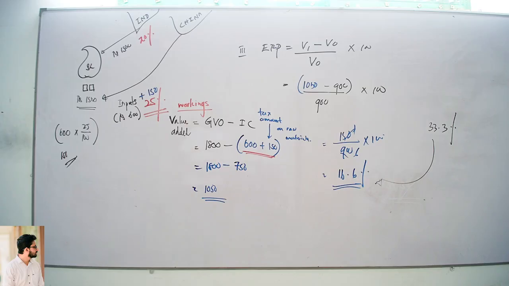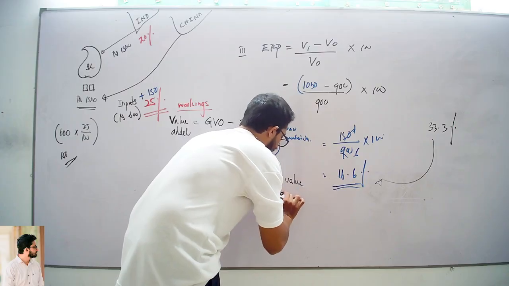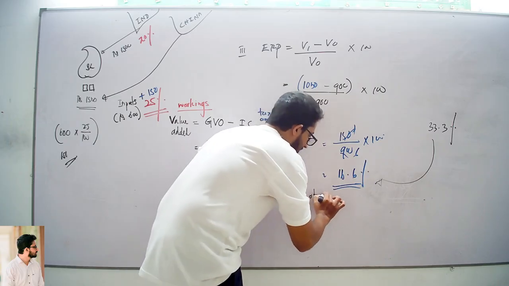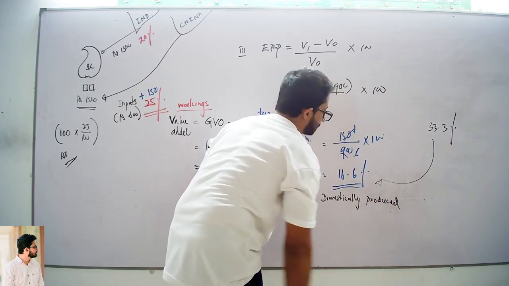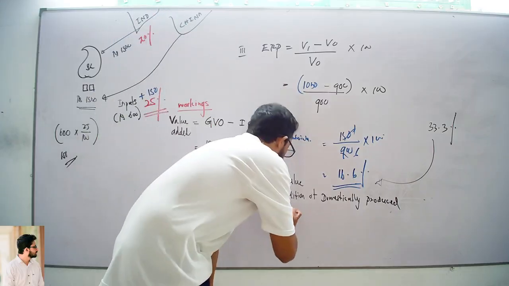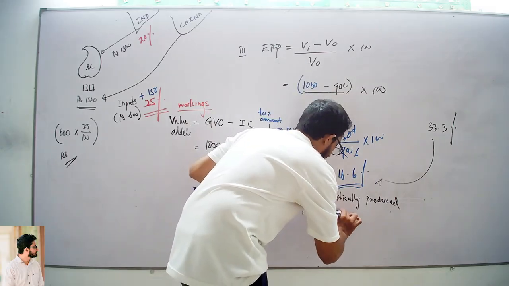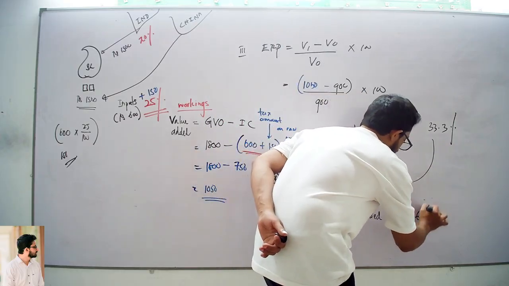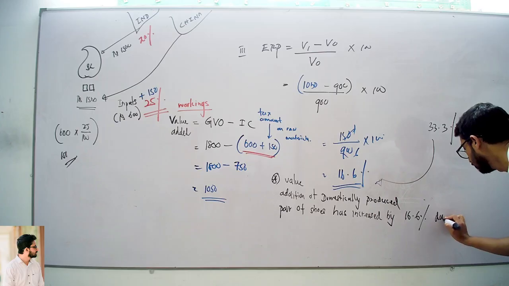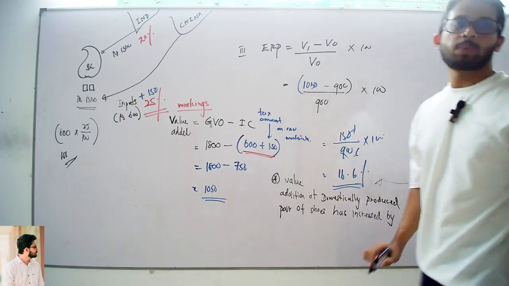Then here the idea is 16.6 means the value addition of domestically produced pair of shoes has increased by 17.6% due to the put up tariff, or we can say due to protectionist policies.